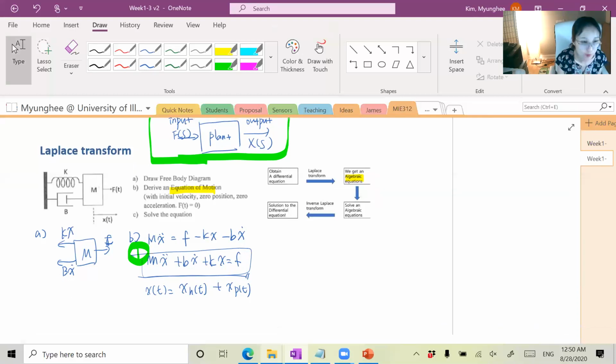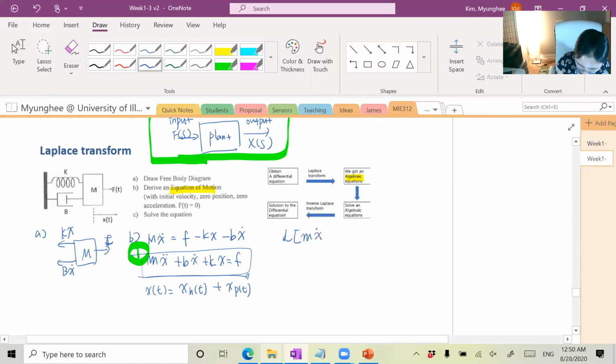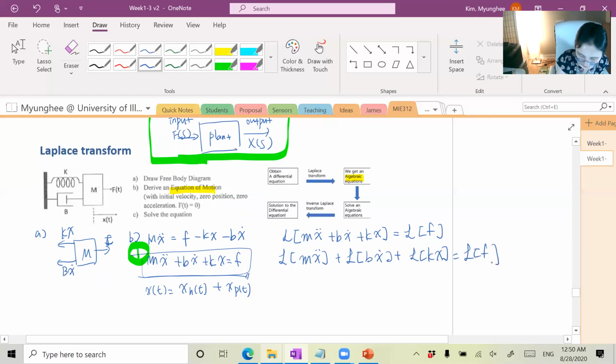So let's take the Laplace transform then. It's very simple. You can take the Laplace transform of m x double dot plus b x dot plus kx equals F, which becomes m s squared X(s) plus b s X(s) plus k X(s) equals F(s).